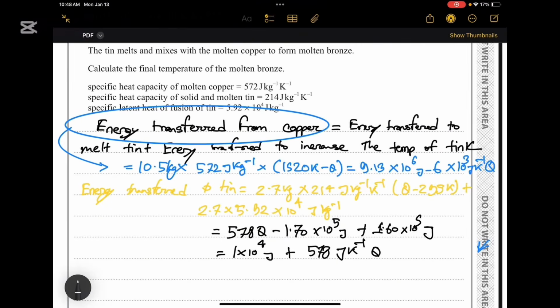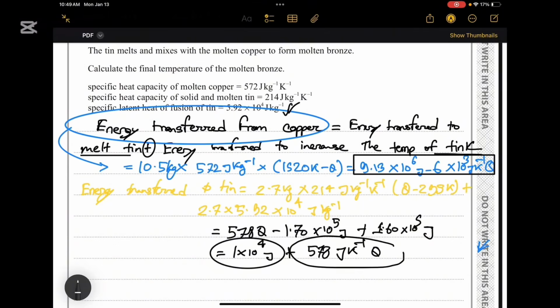Alright, so previously we have figured out the energy transferred from copper. We know the energy transferred from copper was used to melt the tin, and in addition to that, to increase the temperature of the tin.